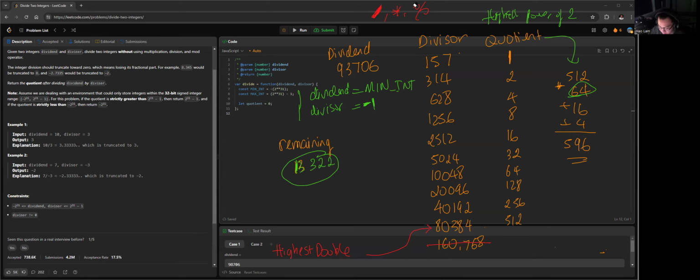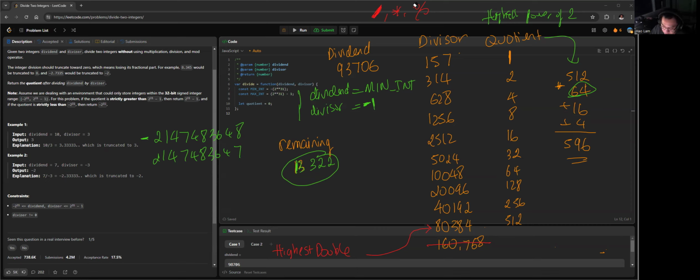Why? Because this is our minimum int, -2147483648, but our upper bound is only 2147483647, because of the -1 here.